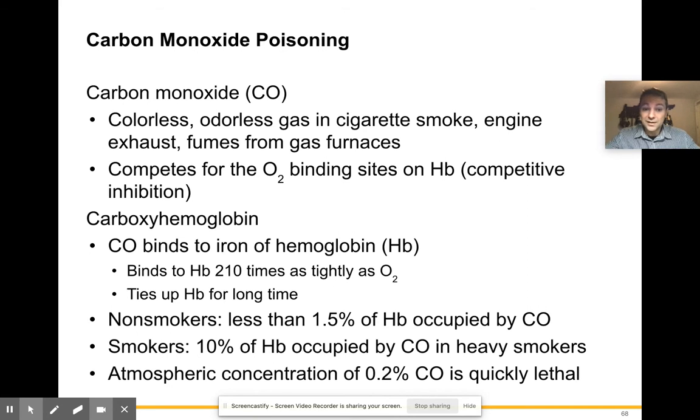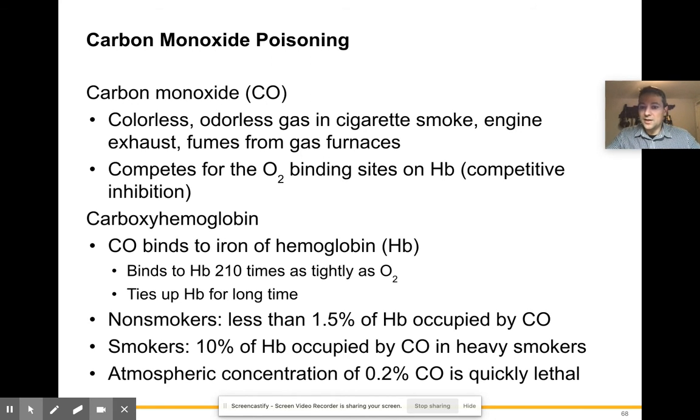Carbon monoxide competes with the oxygen for that binding site, right? So instead of just the oxygen bonding to the hemoglobin, this carbon monoxide wants to bond to the hemoglobin, and it does. It will bond to the hemoglobin, which reduces the amount of oxygen that's bonding to the hemoglobin, which means that oxygen that isn't bonding is not going to get to the organs that need it.